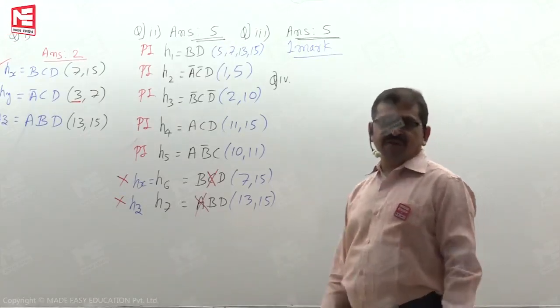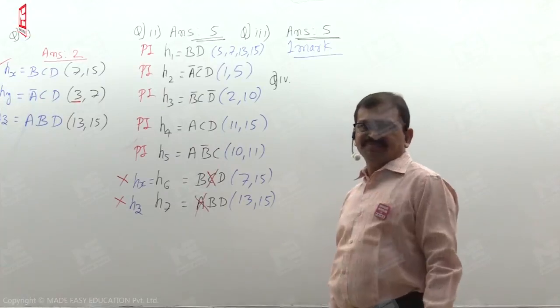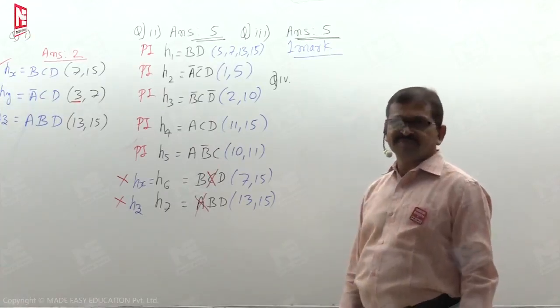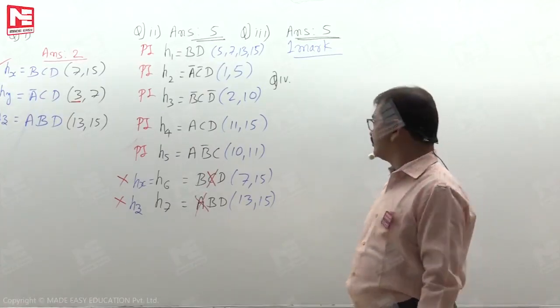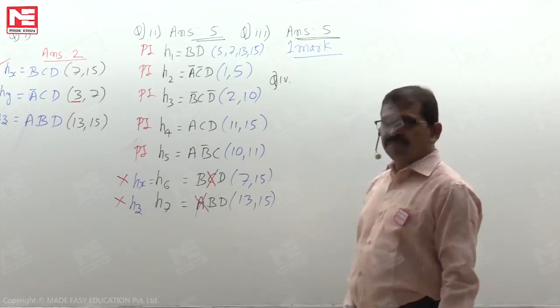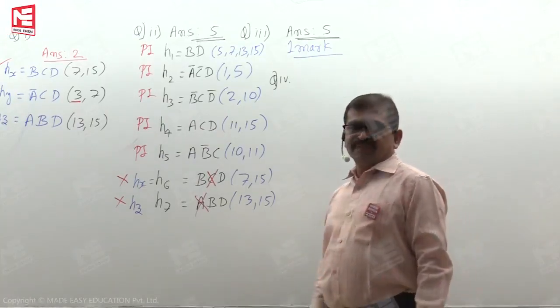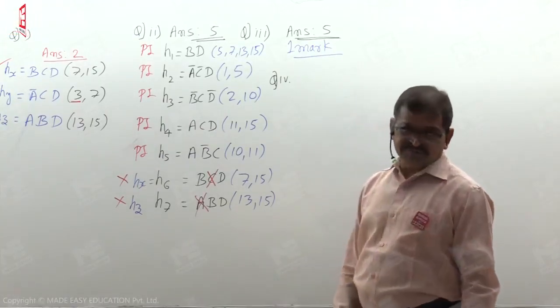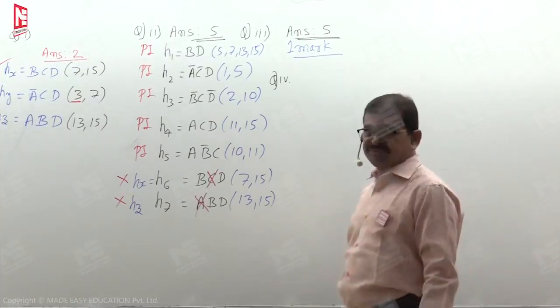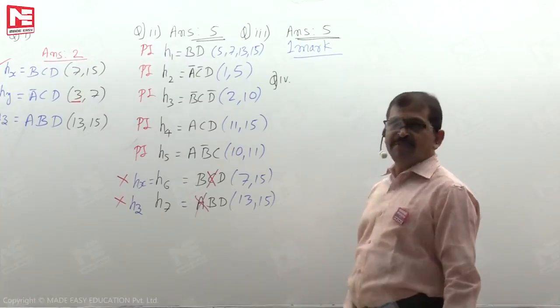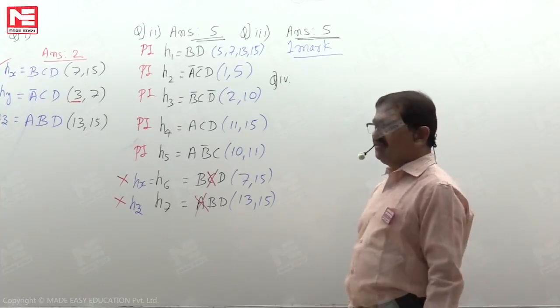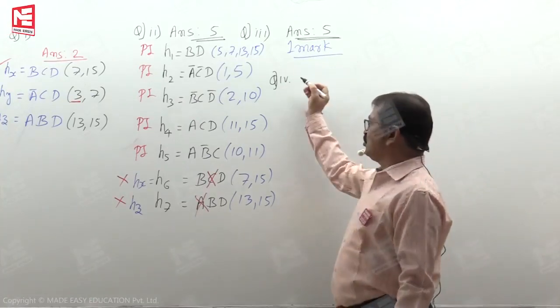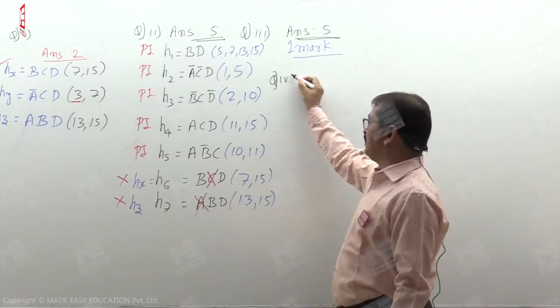For the given function f of ABCD, write the prime implicant set. It is a question. The function is the same, and we need the prime implicant set.